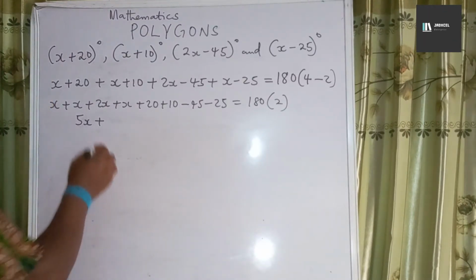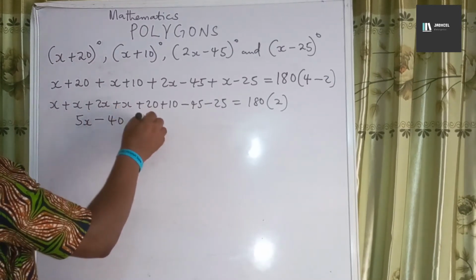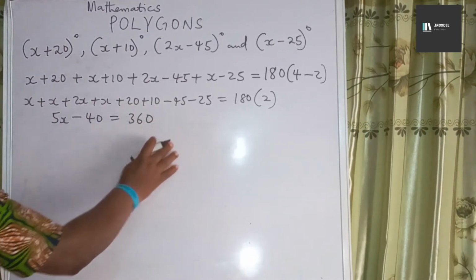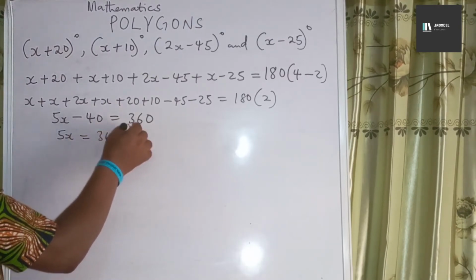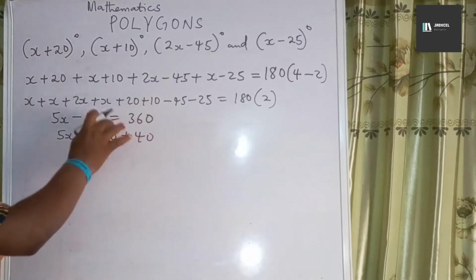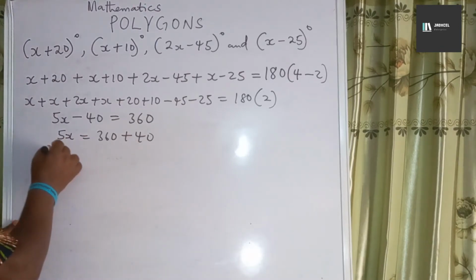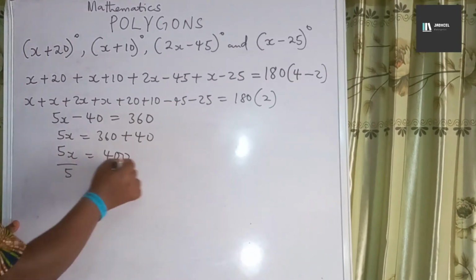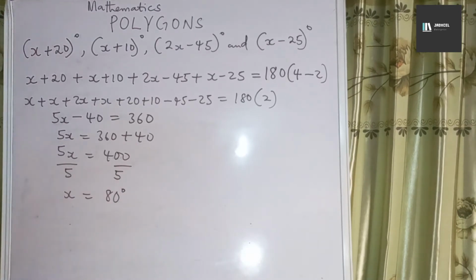Then minus 15 minus 25 is minus 40, equals 360. So I move the minus 40 to the other side by collecting the like terms. So 360 plus 40. When this negative sign crosses the equality sign, it changes sign. So 5x equals 400. Dividing both sides by 5, I have my x to be 80. So according to the question, we were asked to look for the value of x.